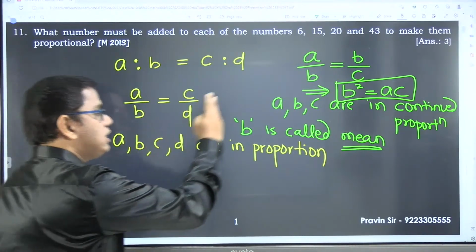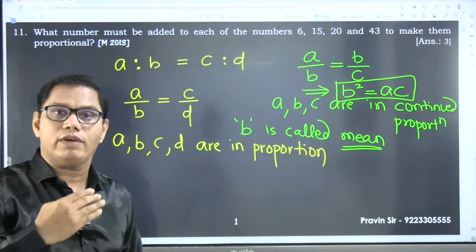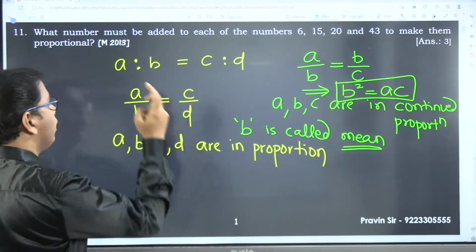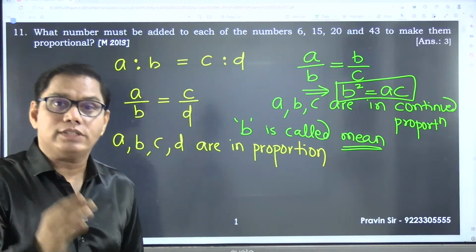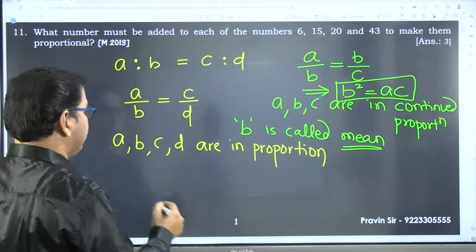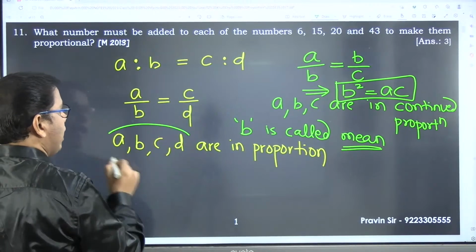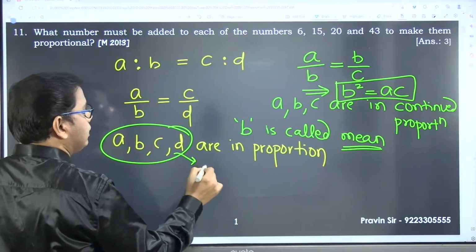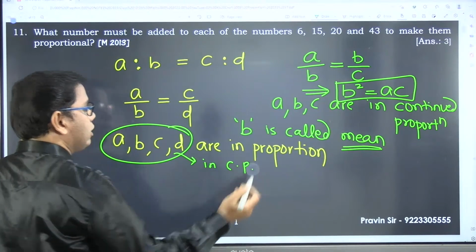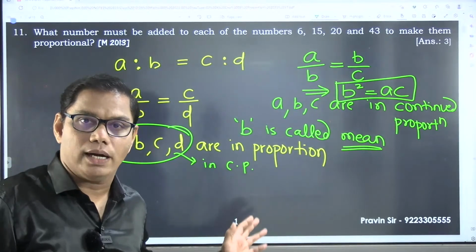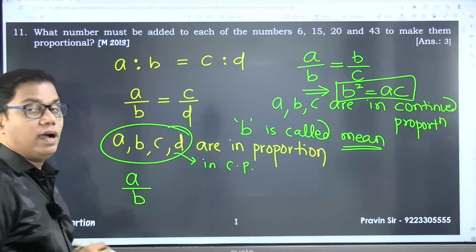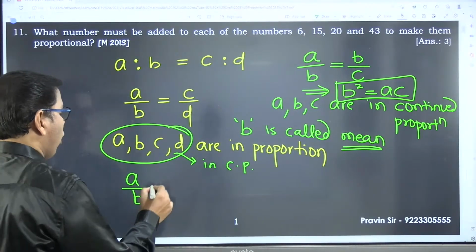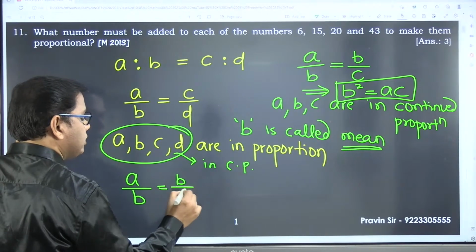What if A, B, C, D are in proportion? If A, B, C, D are in proportion, we say A upon B is equal to C upon D. If the same A, B, C, D are in continued proportion, I am writing continued proportion as CP. Then you have to write the terms in the continued form, so the denominator will be carried forward as a numerator.